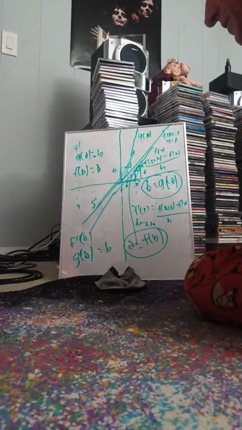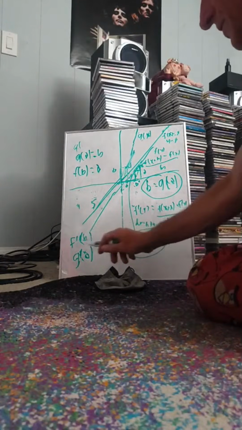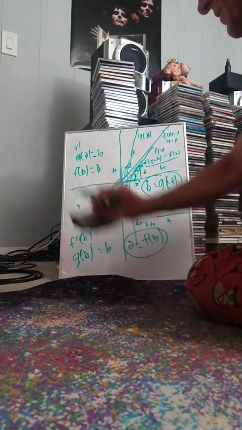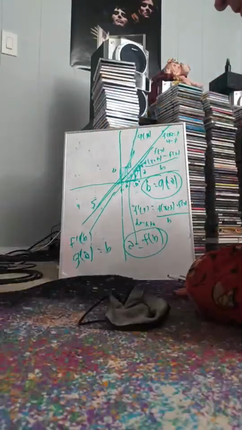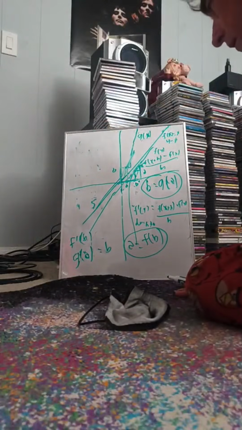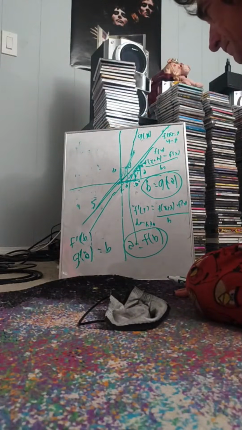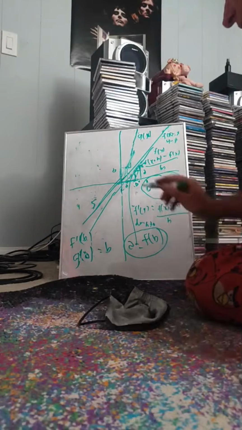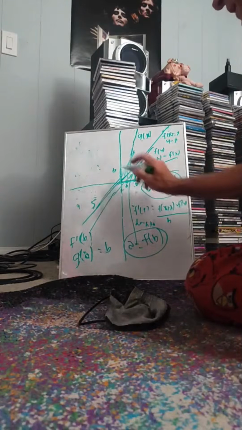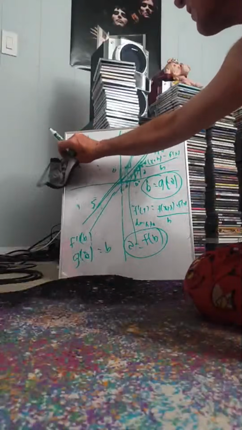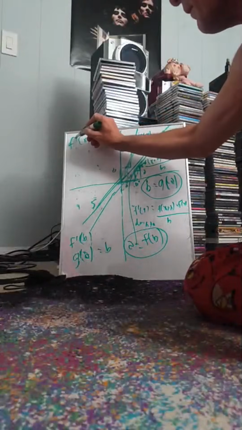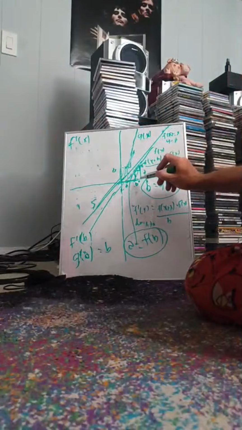Now, what I do is I say that these two are inversions of each other. So I'm going to use the space up here, and let's make this f prime of x. f prime of x is this slope.